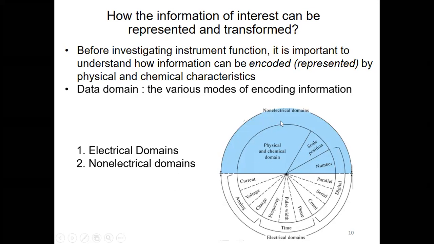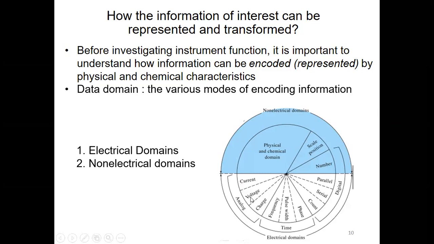Right? So in any instrument, normally the information transfers within these domains. Suppose we have a physical characteristic. That is non-electrical. Data starts from the non-electrical, and at the end it will give the number, which is also non-electrical.